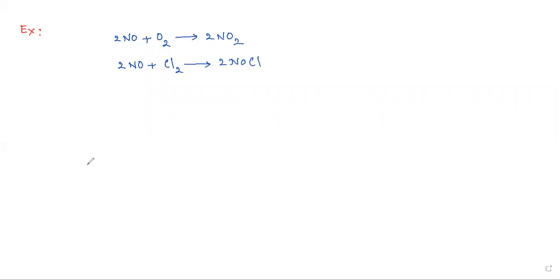Okay. So this is about third order reaction. Let me finally give you the expressions for rate constant of nth order and of course the expression for half-life of nth order.